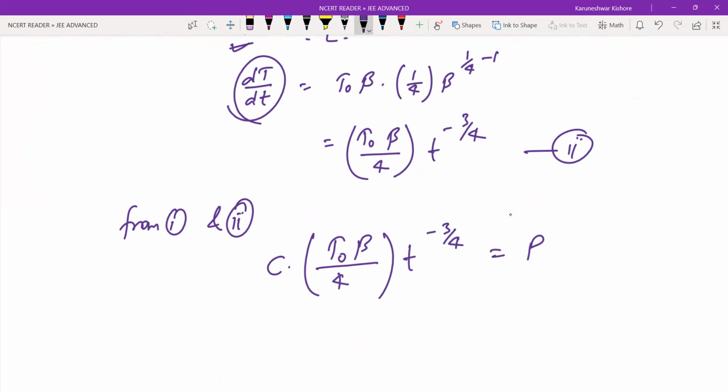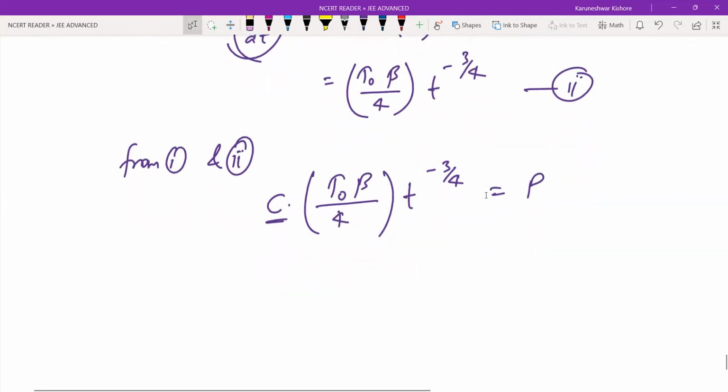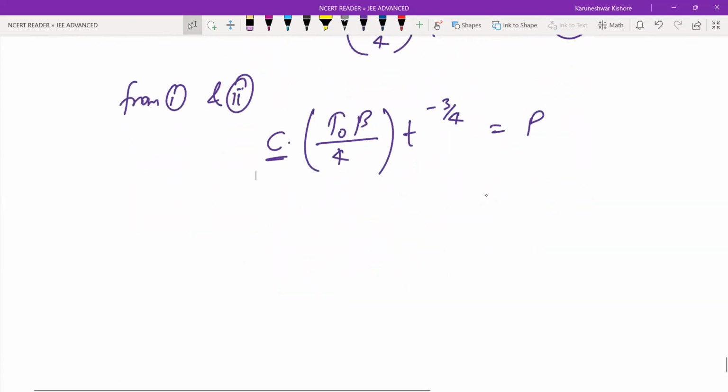What we are looking to find here is the C value. But can we relate the P value here? Yes, we can relate. So first we find the C value. It will be 4 times the power divided by T naught times beta, times T to the power 3 by 4.